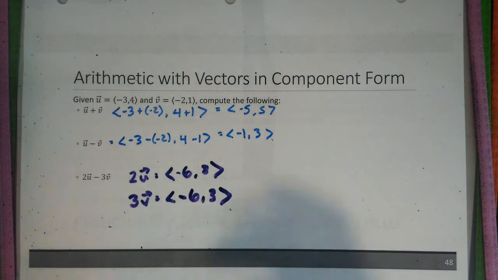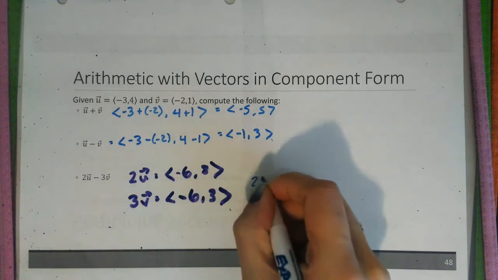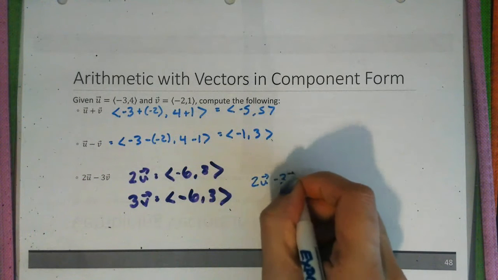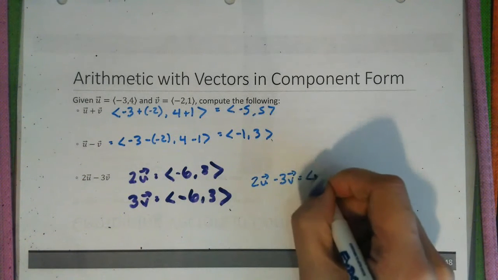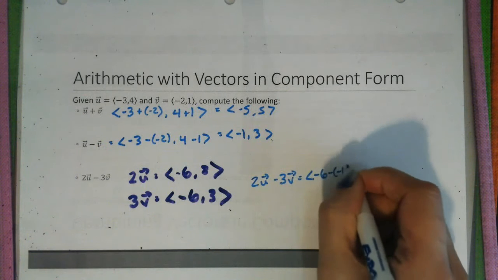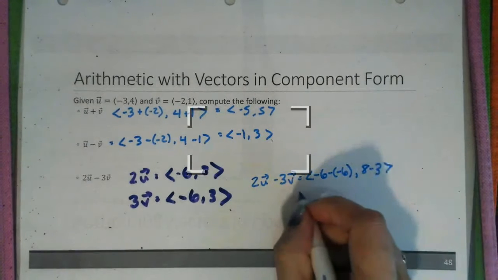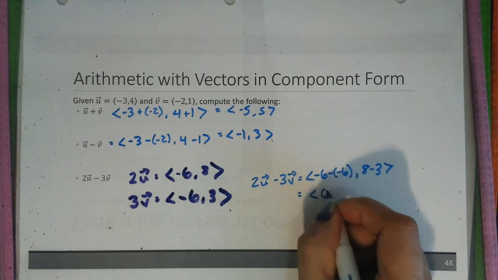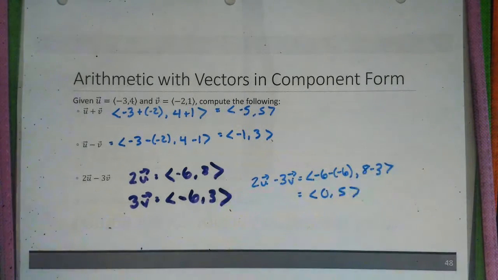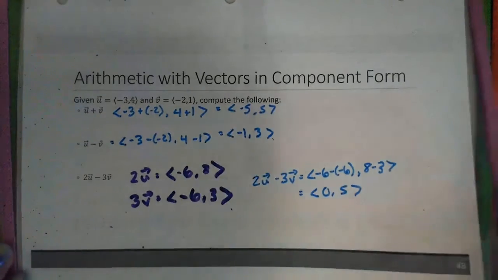So now I'm going to subtract them. 2u minus 3v is equal to -6 minus a -6, comma 8 minus 3, which gives me 0, comma 5. Now this idea here at the end, the arithmetic with vectors in component form, is going to be really useful as we look at some of these application problems.